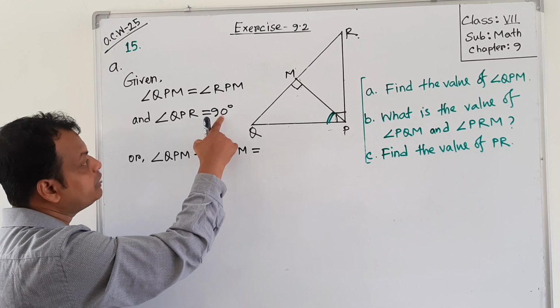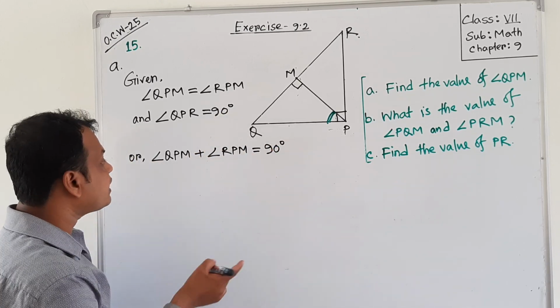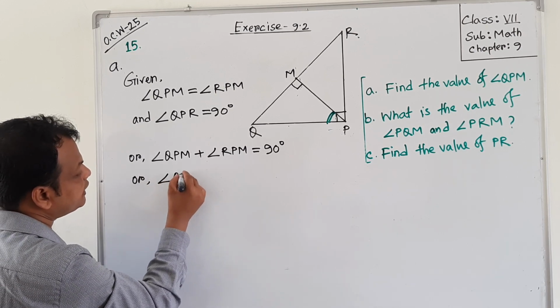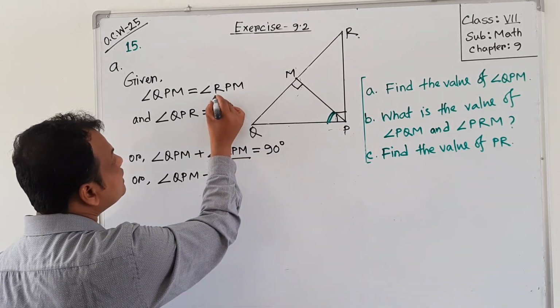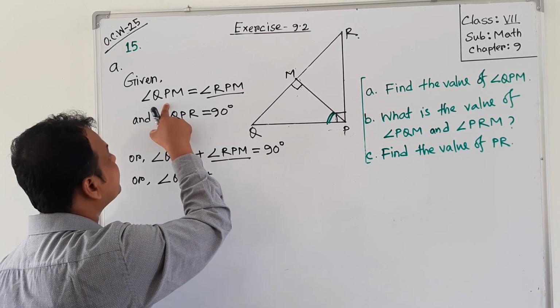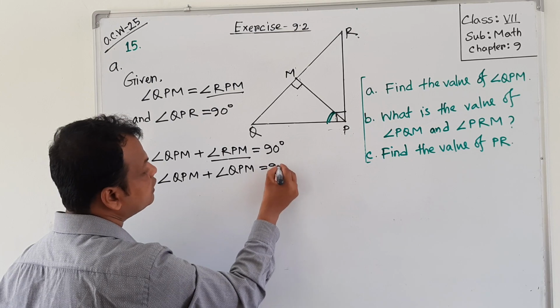So this sum will be equal to 90 degrees. After that, in the next line we can write angle QPM plus angle RPM, and RPM is equal to angle QPM. So instead of angle RPM, we can write angle QPM. Angle QPM plus angle QPM equals 90 degrees.